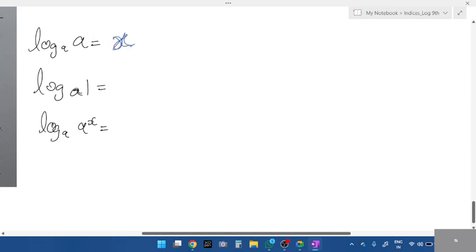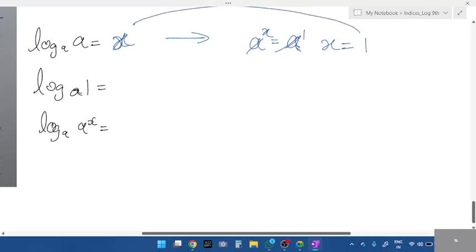We take it as x. Convert into exponent, find the value of x. How do you convert into exponent? A to the power of x, how come a? If the base is same, a and a get cancelled. What is the x value? x is equal to 1.